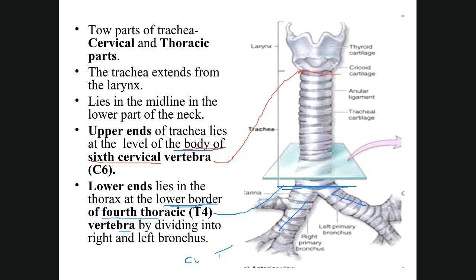These are the two divisions here. See how the bronchus is. This is the right and this is the left side. The right one is slightly straight. Can you make out in this diagram? Whereas the left one is slightly horizontal. This is the position of the right and left bronchi of the trachea.